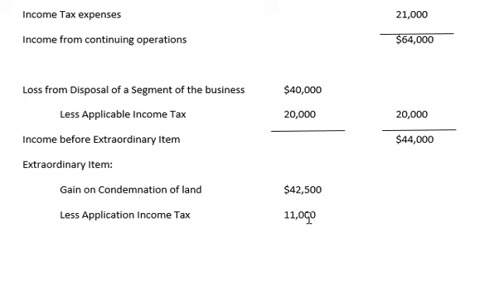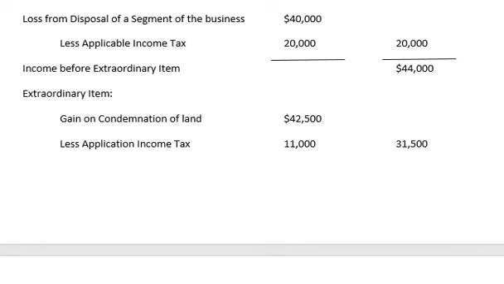So the gain minus the tax, you get 31,500. Because this is a gain, we need to sum, and you get the net income.